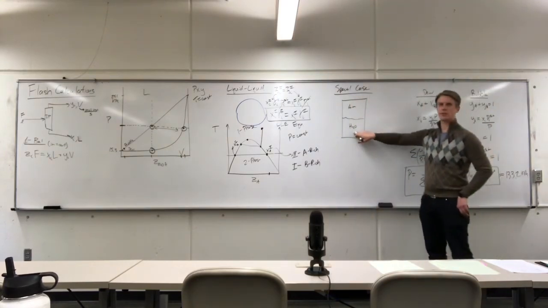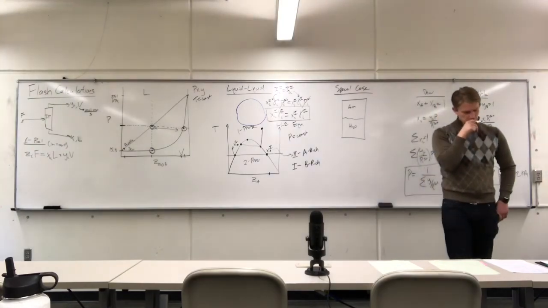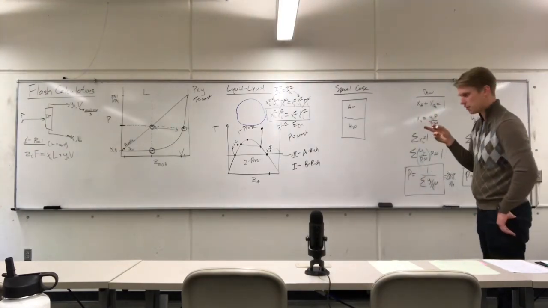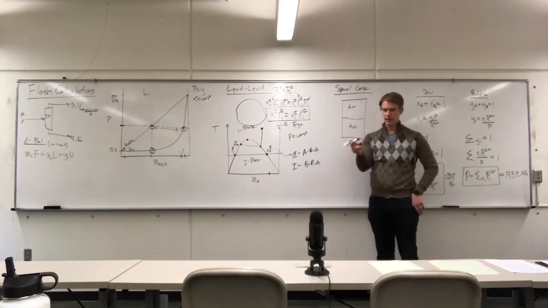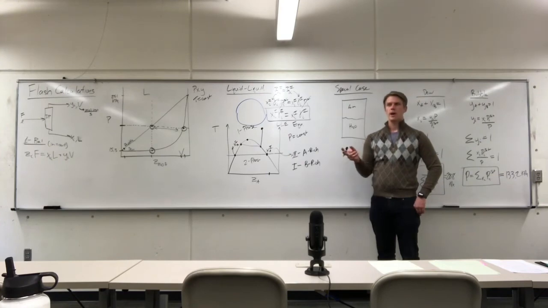Or this could be any volatile solvent, right? So one of the questions that we have to remind ourselves is that if I have a glass of water at room temperature and I leave it out for a month, that water is going to evaporate. But why? The boiling point of water is 100. Why is that evaporating at 25?